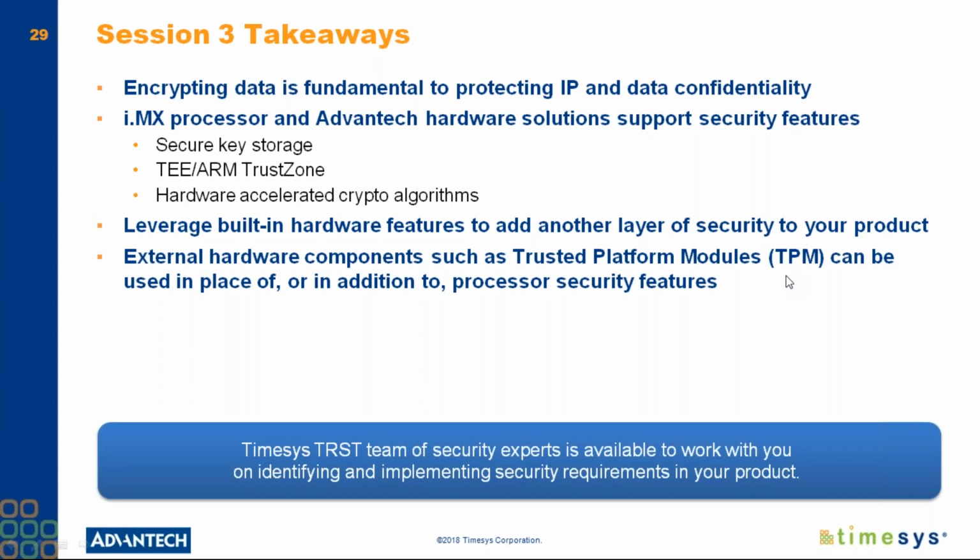TPM is a standard defined by TCG, which has a specific set of APIs to perform security functions. Whereas TrustZone is hardware technology by Arm, which can help you implement a trusted execution environment.